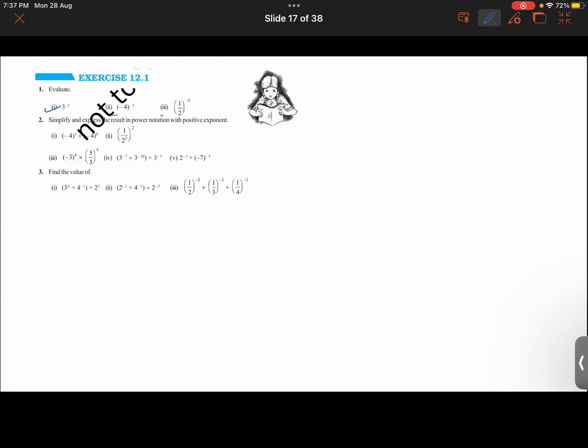I want you guys to solve the first question, the one which I'm highlighting here, the second one, and this one. Let's solve these questions. So it will be 1 upon 9. The first one.